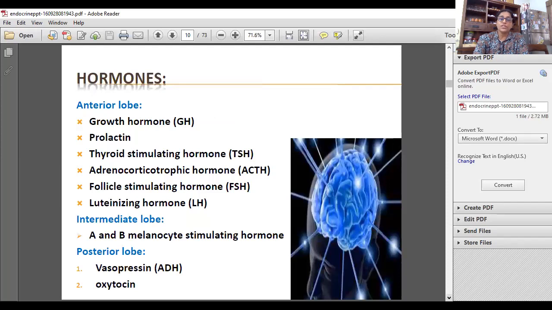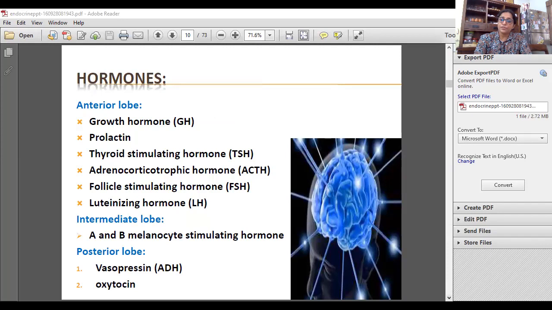The hormones which are secreted by the anterior pituitary are the most important: the growth hormone, followed by prolactin, then the thyroid stimulating hormone, adrenocorticotrophic hormone, the follicle stimulating hormone, and the luteinizing hormone.